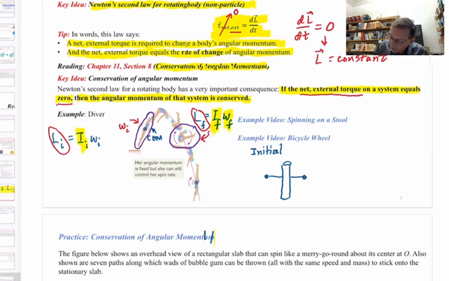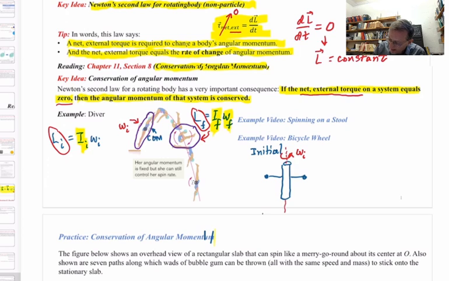There is an initial angular velocity, omega initial, about a vertical axis. We're going to assume there's negligible friction in the bearings of that stool. And if that's true, then there's negligible external torque. So the angular momentum must be conserved.